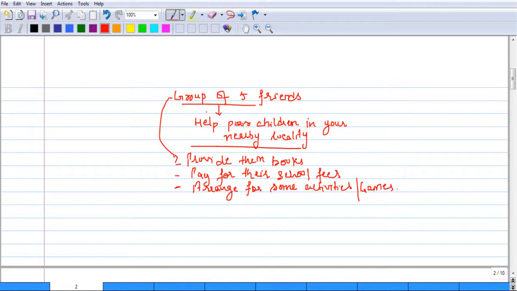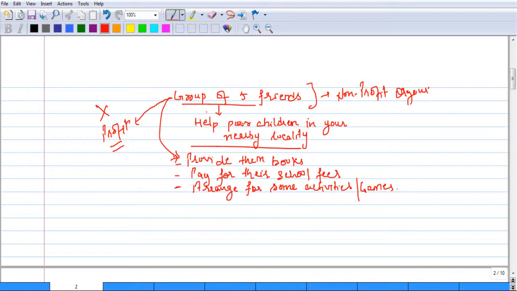So now tell me, when you decided to make this group and help these poor children, what was on your mind? In your mind was to help these children. Was there a profit motive anywhere? No. So if you call this five friends, I'll call this a non-profit organization.